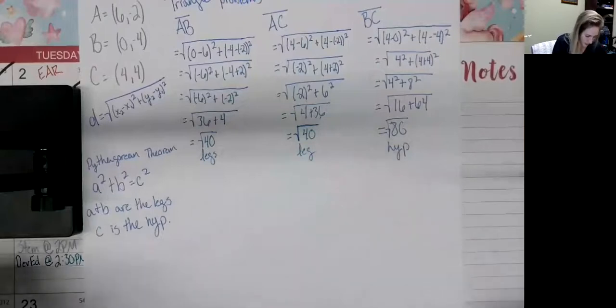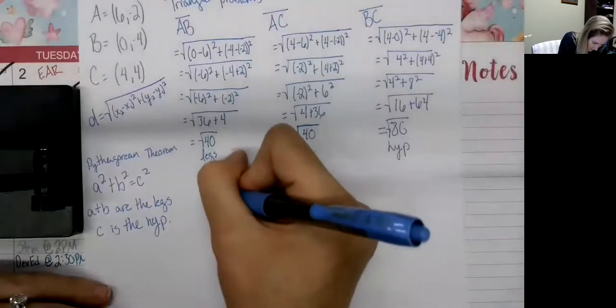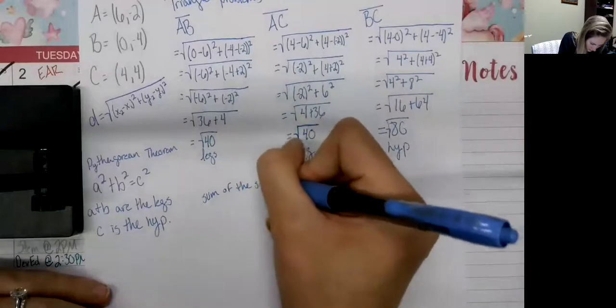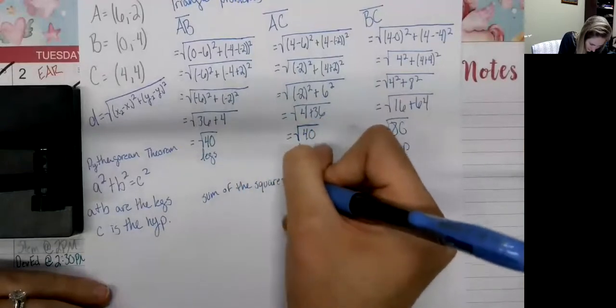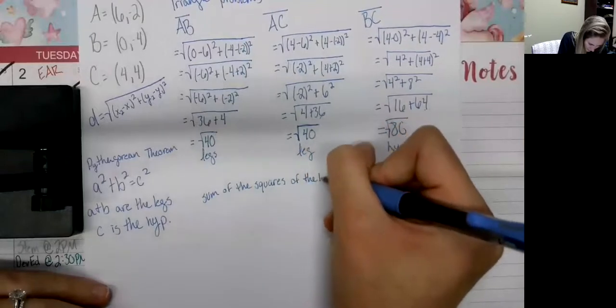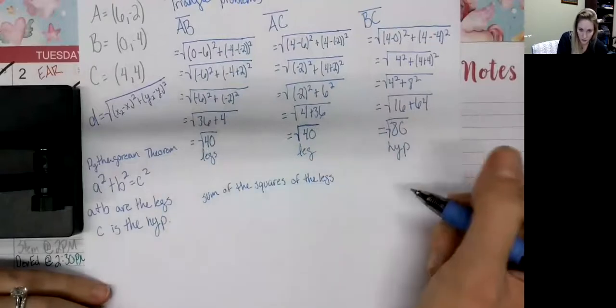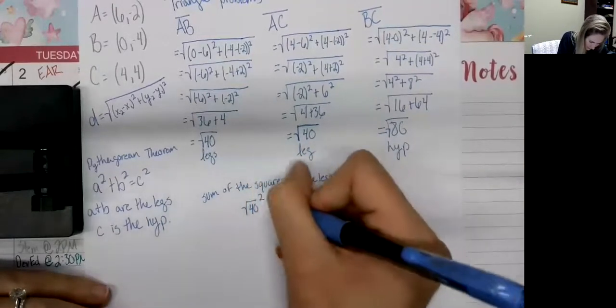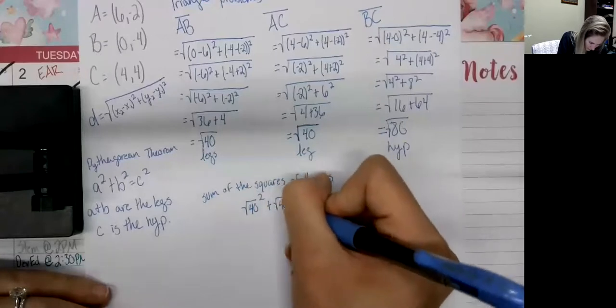And then the question asks for the sum of the squares of the legs of the triangle, blah, blah, blah, long thing. So we're going to have square root of 40 squared plus the square root of 40 squared.